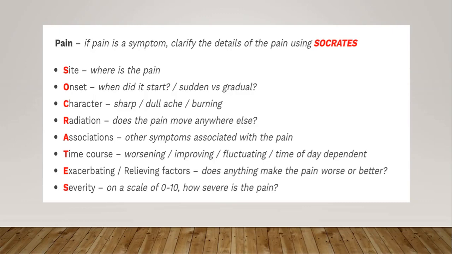Radiation: does the pain move anywhere else, to the left arm, the lower jaw, the back? Associated symptoms like nausea, vomiting, sweating. Time course: worsening, improving, fluctuating. Exacerbating and relieving factors. And the severity of the pain on a scale of 0 to 10: how severe is the pain?